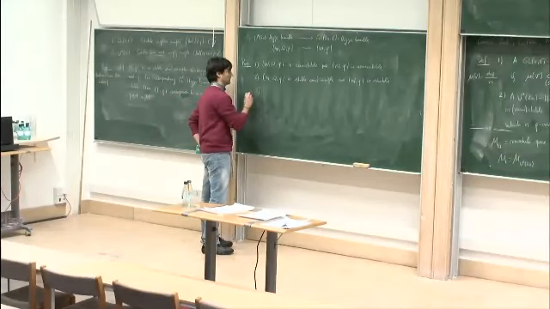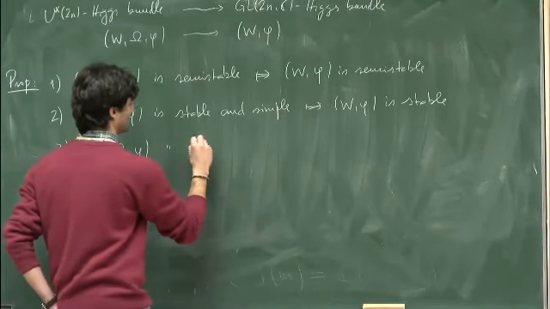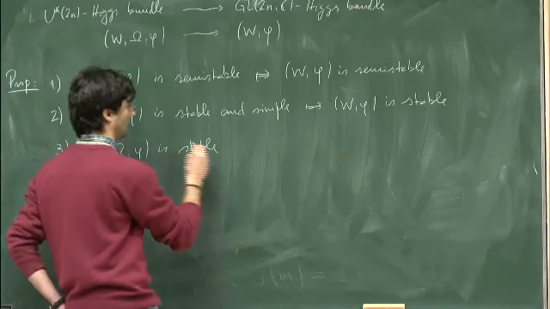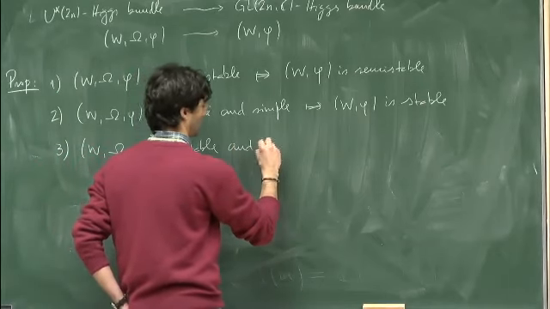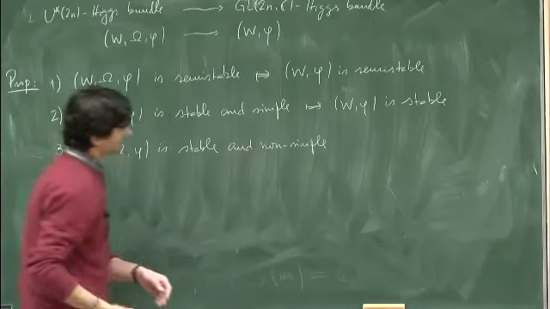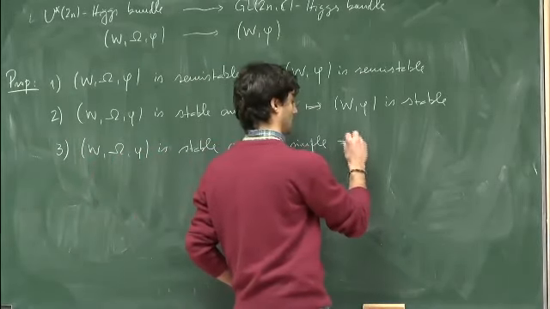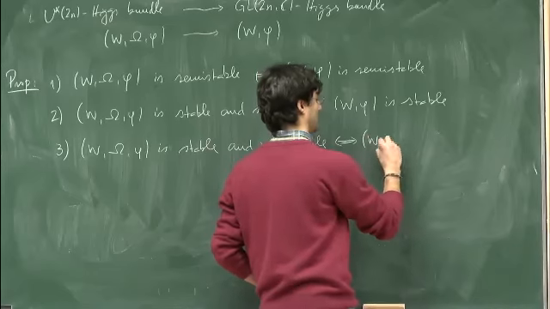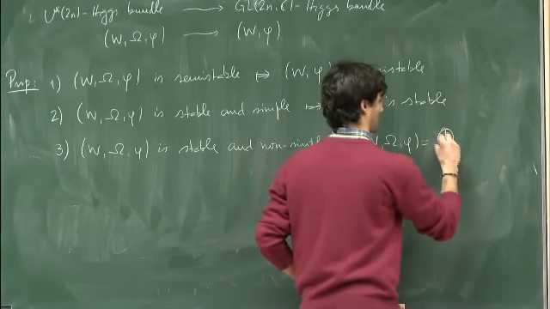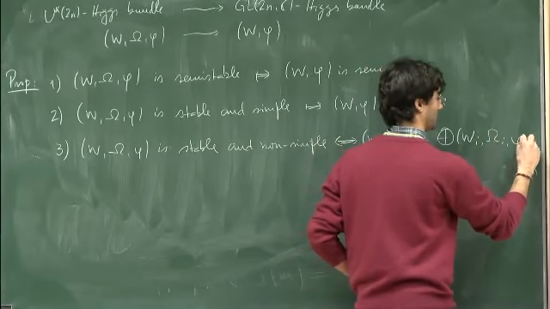This then is stable and non-simple. So stable and non-simple are simply the ones which split as a direct sum of stable and simple U star.